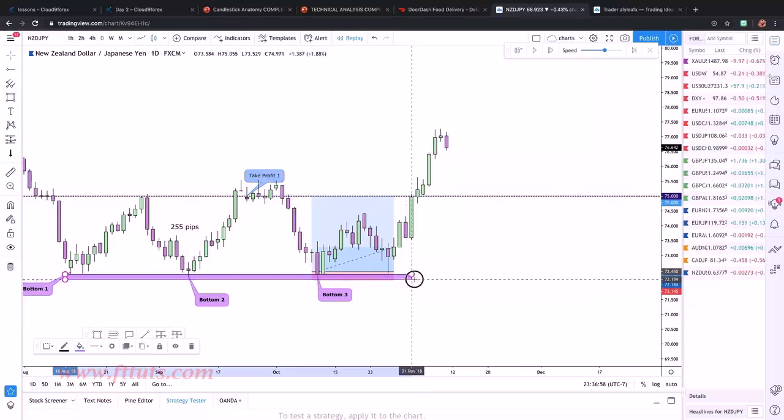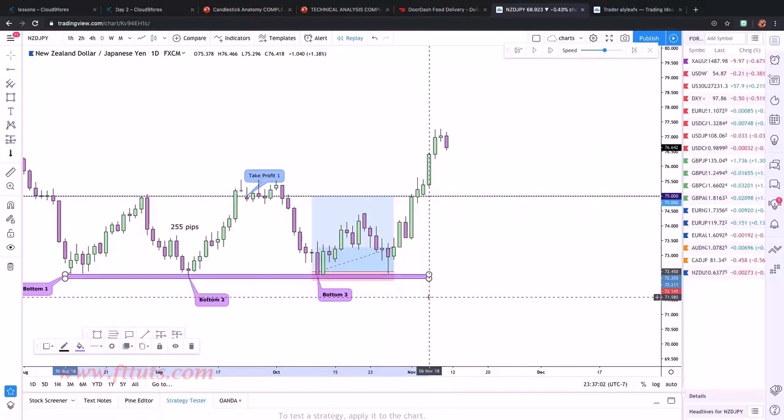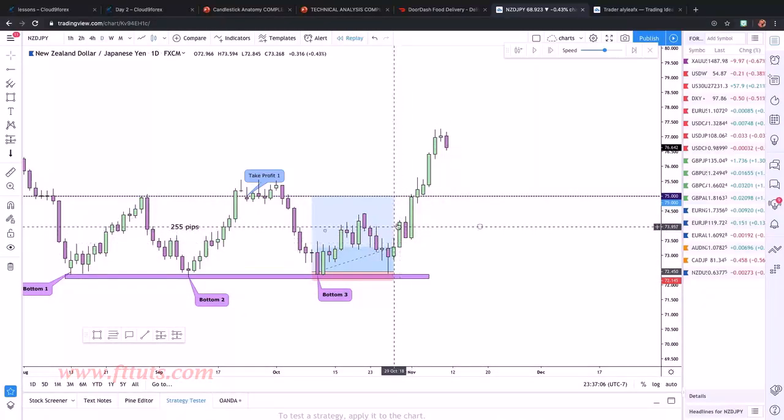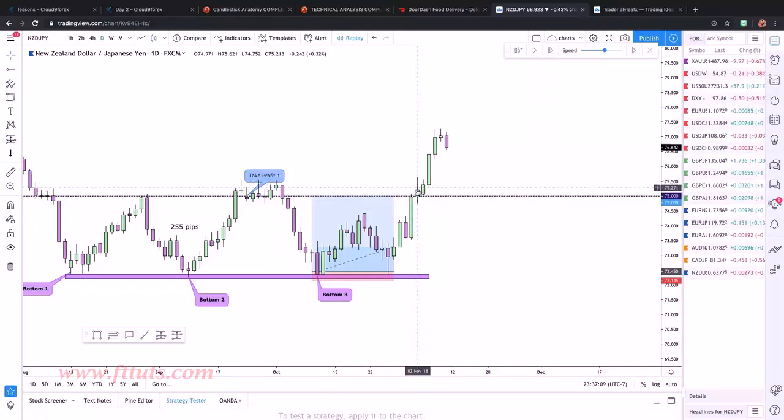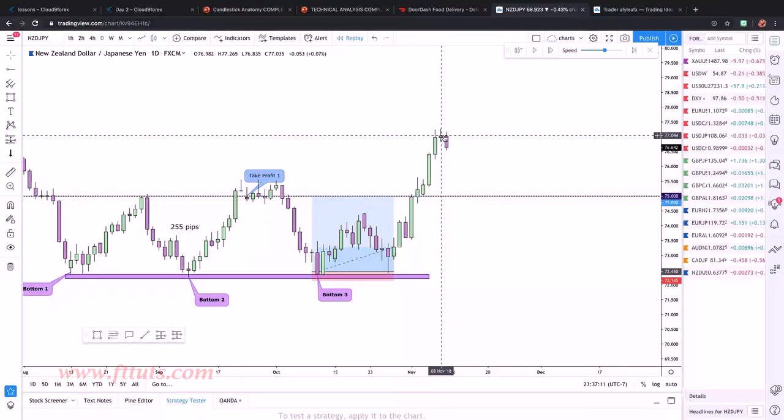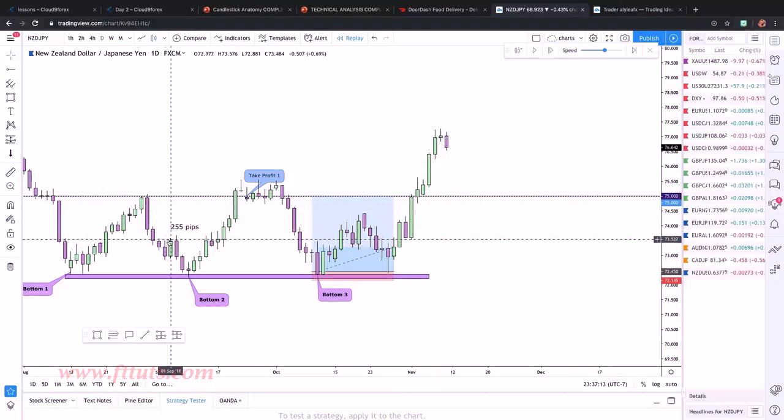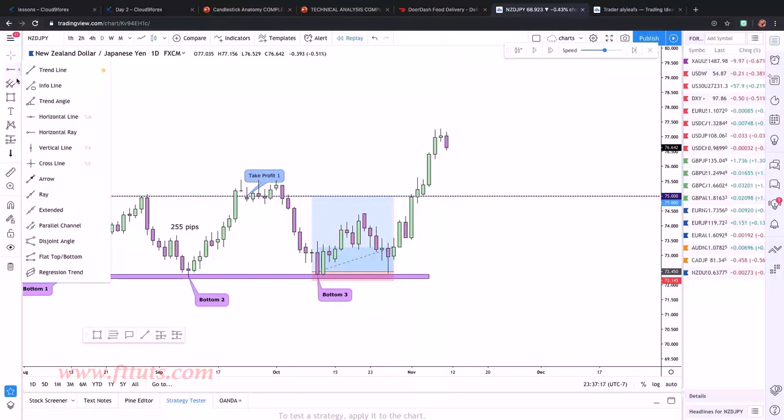So we're just going to adjust it. See, this support line is really, really strong. But eventually, price comes back down and breaks it. So this was a nice trade. We had bullish engulfing, broke resistance, and then continued up.